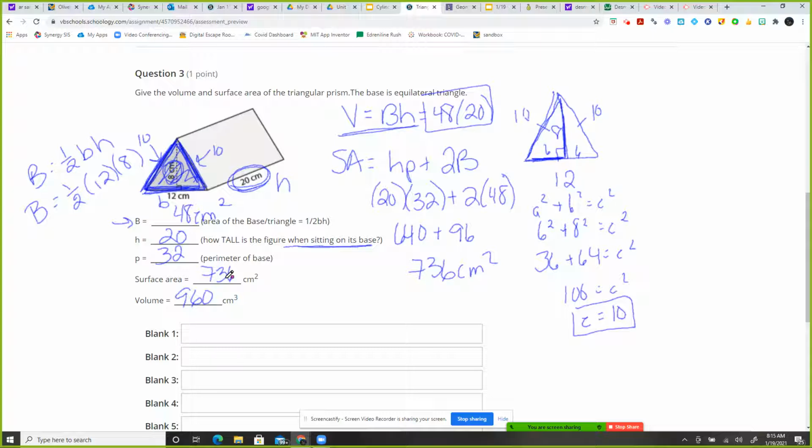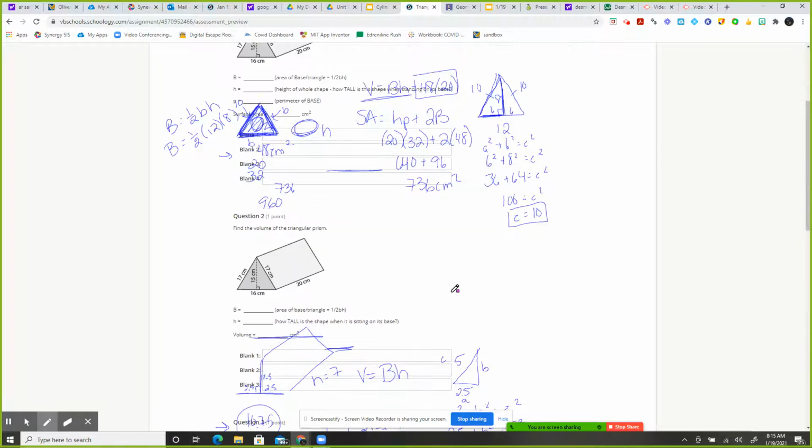And then surface area, height is 20 times perimeter, which is 32 plus 2 bases. 20 times 32 plus 2 times 48. 736. Okay. Were those the only 2, Nasia? Yes. Okay. Sweet.